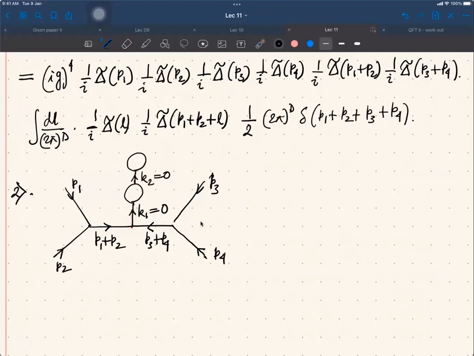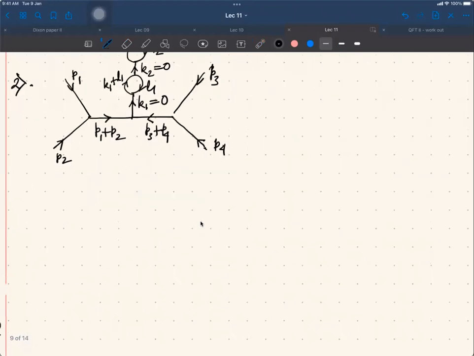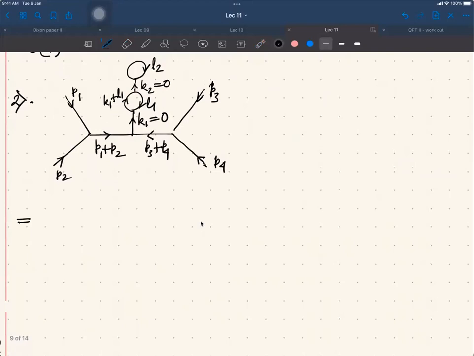Now, if you label this momentum by L1, then this is K1 plus L1, which is L1 because K1 is 0, and this is L2. Now write the mathematical expressions. There are 1, 2, 3, 4, 5, 6 vertex factors. So i g to the power 6.